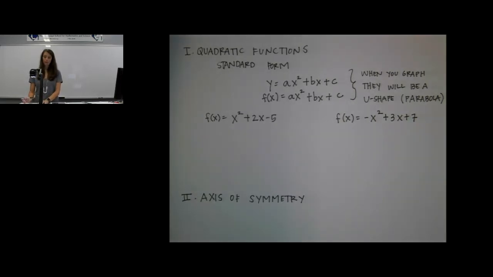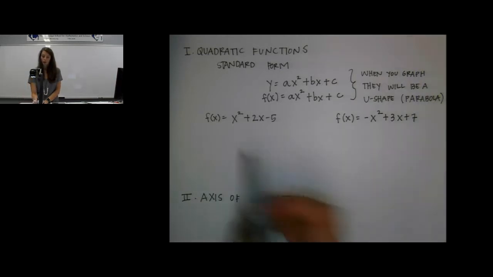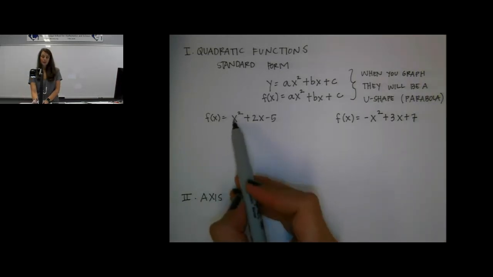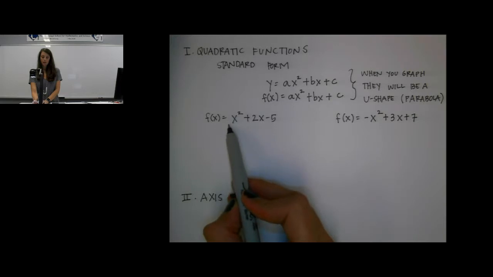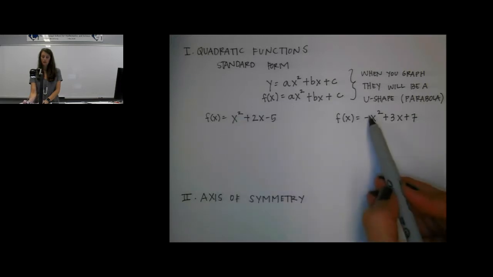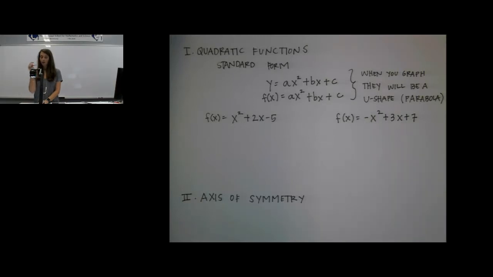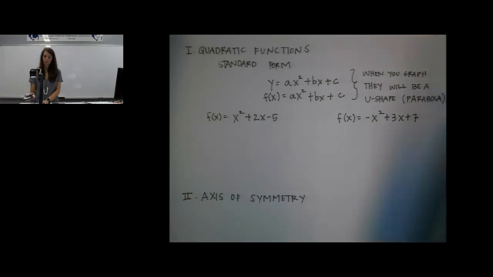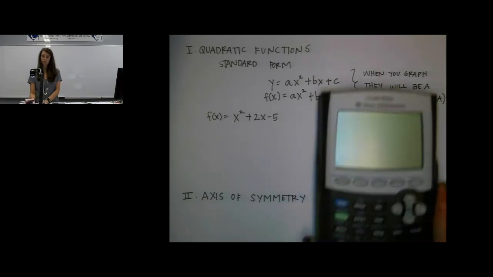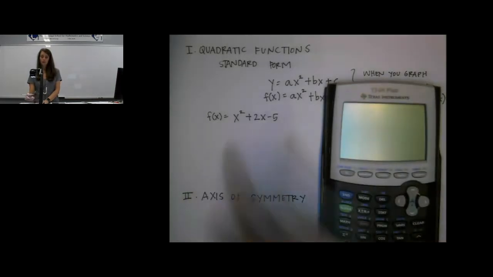The only really big difference that I see is that this is a positive x squared, and this one is a negative x squared. So let's go to our calculators and look at this first function.